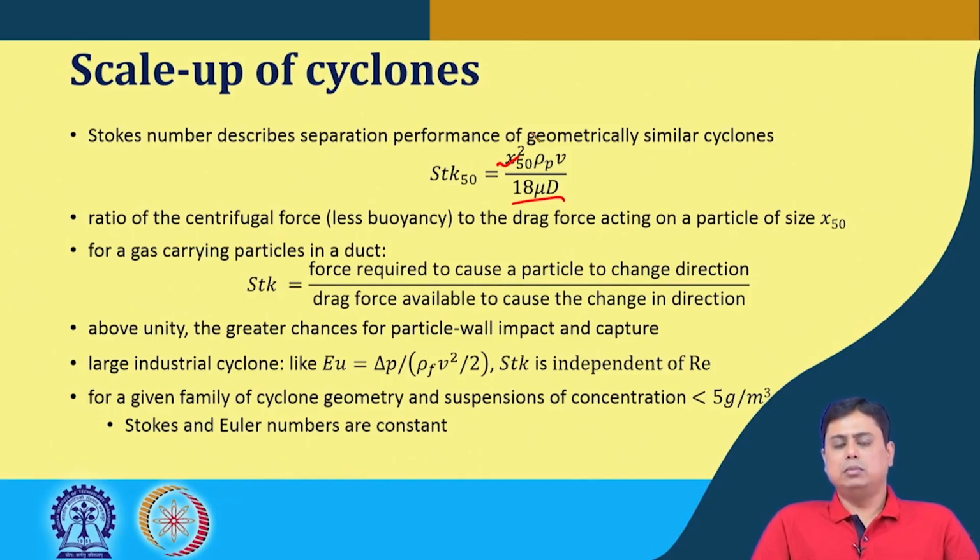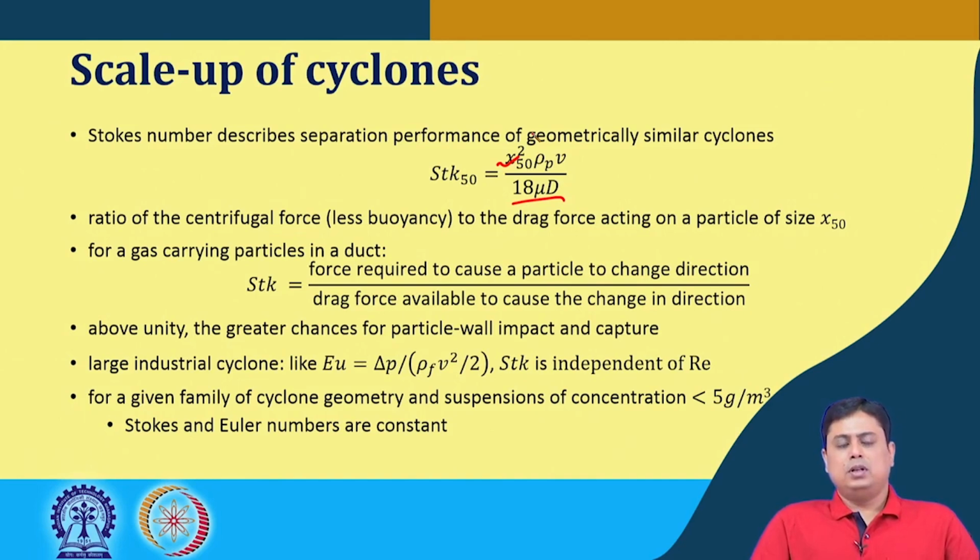So if these two numbers, the Euler number and the Stokes number, are known, and these are typically constant values irrespective of the size of the cyclone separator, provided it is increasing in a proportionate manner, that means the scale up is happening, this number would be the same for a given family of geometrically similar cyclone separators. Now, this greatly helps in scaling up of the laboratory scale cyclone separator to the industry scale.